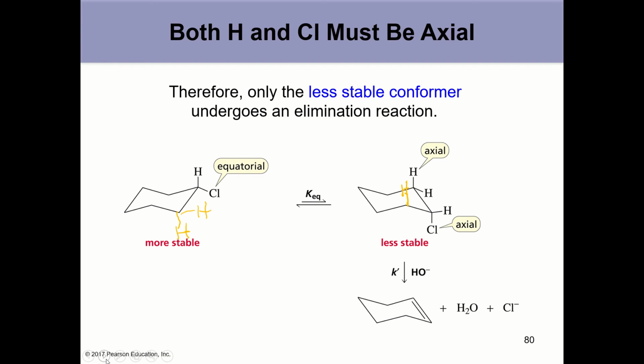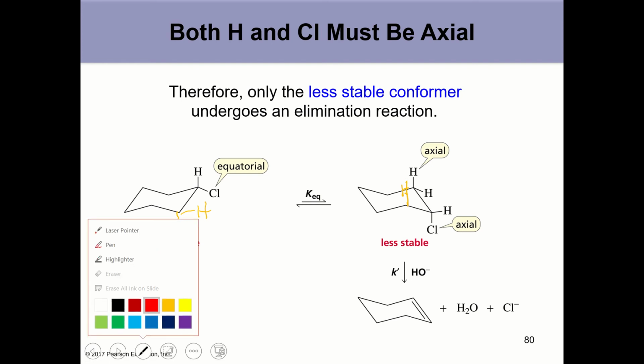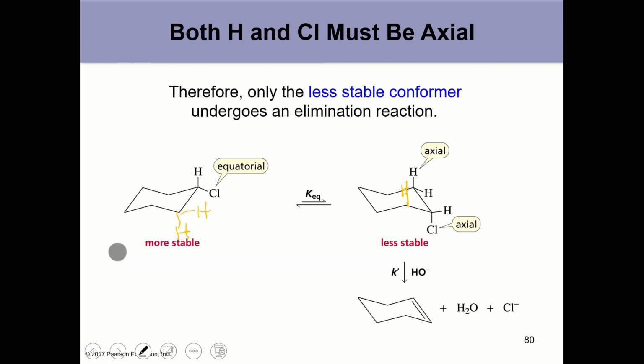Okay, so this elimination is going to eliminate chlorine through the less stable conformer, and we get our alkene. But because chlorine and hydrogen were not axial in the more stable conformer, the reaction takes longer.